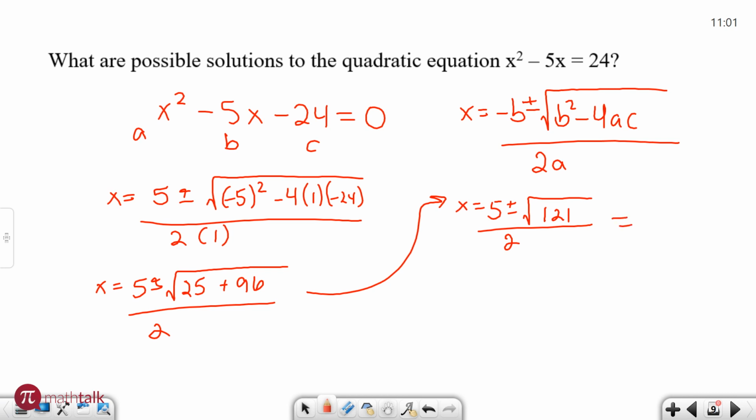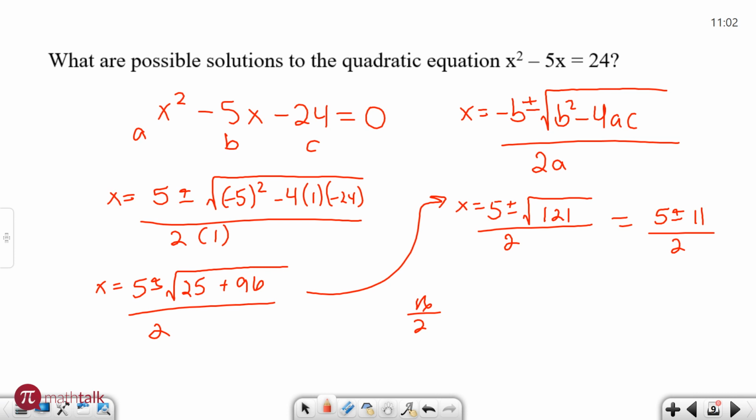We need to figure out the square root of 121. Square root of 121 is actually 11, which is a nice clean number. So we have our two options. With quadratic equations, there are usually going to be two answers. That's why you have a plus and minus. So let's split this up a little bit and figure out our two answers. 5 plus 11 is 16 over 2.